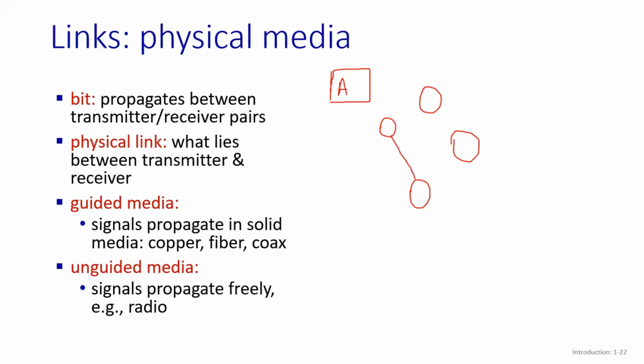These routers are connected together. In actuality, the internet or the network core is not that simple; I'm just drawing it simply for your simplicity. Here we have host B. So host A sends data to host B.